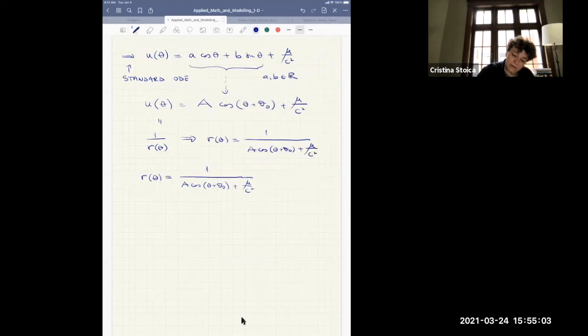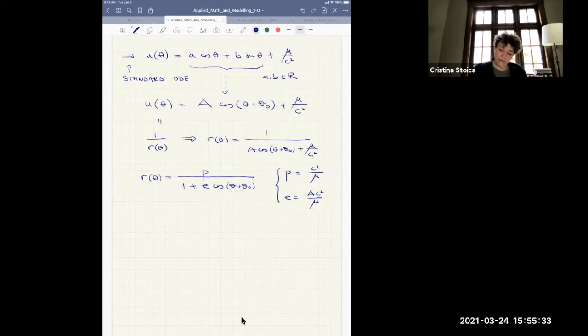Okay, all right. Now if I write it nicely in the form that you'll find on the web and in any course of celestial mechanics, where P is c squared over mu and E is a c squared over mu.